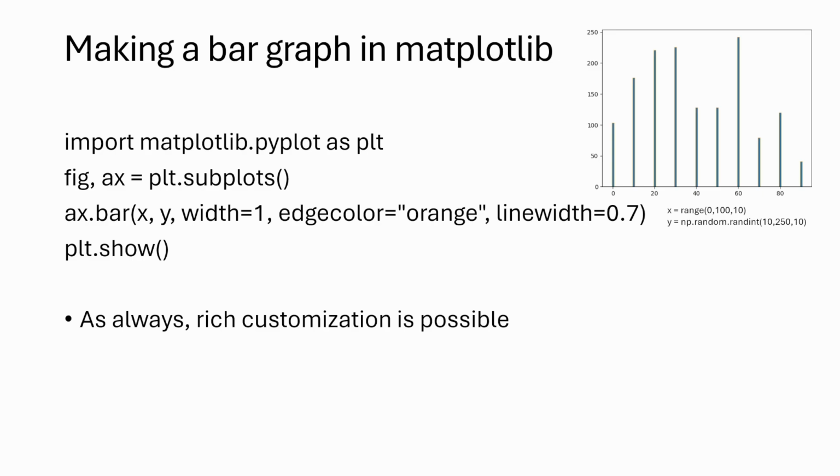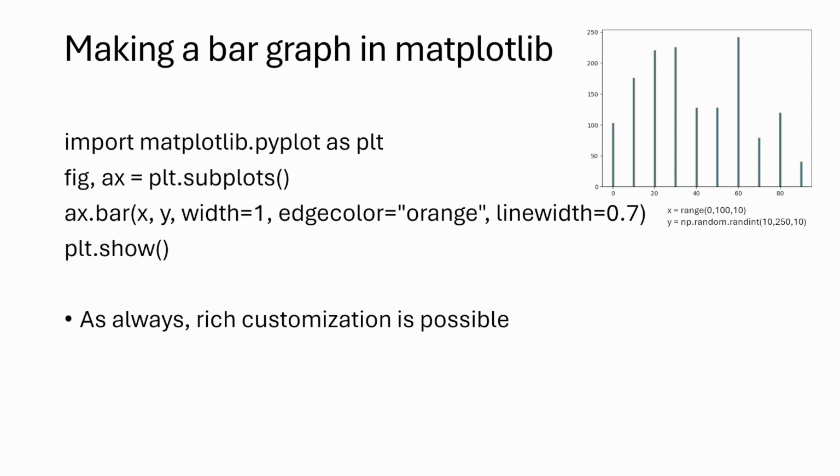For making bar graphs, once again, so this is where it gets really repetitive, but it's good that it's repetitive, right? It's the same basic idea for all of these. There are going to be differences of the syntax depending on the type of the plot, but we import our plotting tool, we define our plot, we make a bar plot, and then finally we show it.